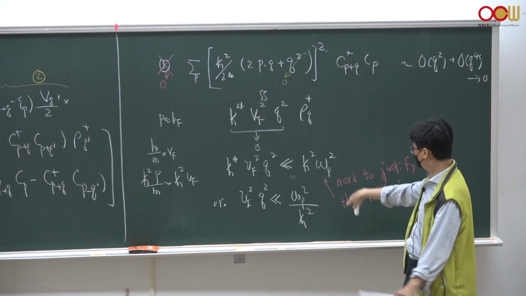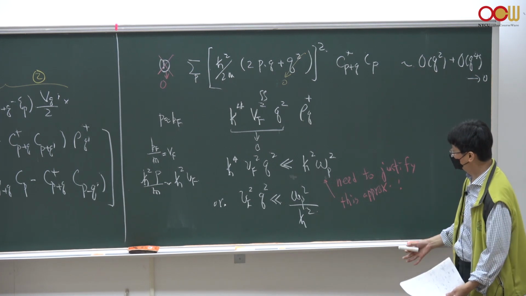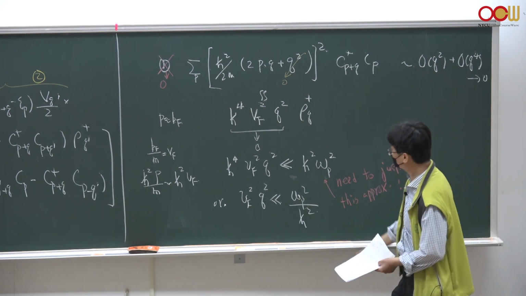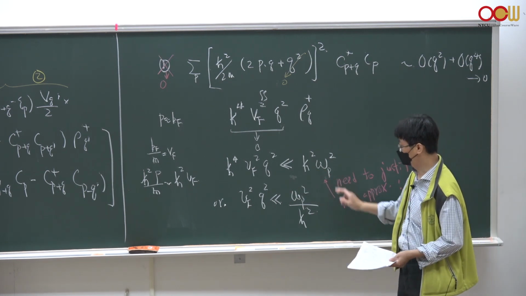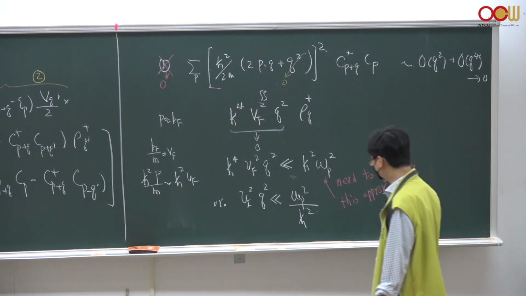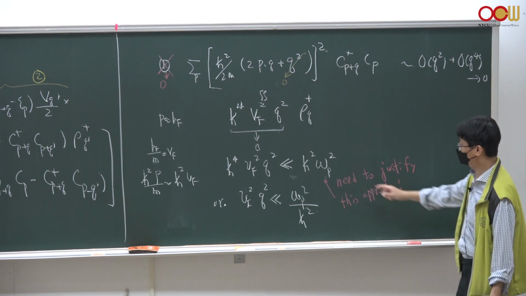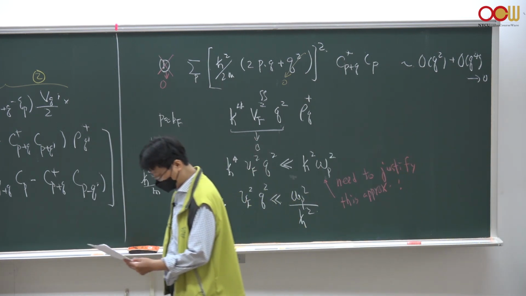So we will come back here again, but for now allow me to simply forget about this term altogether, because it can be really tiny compared to omega p squared. So that's a pretty easy approximation. It's easier said than done, but we need to justify this later, and we postpone the justification to a later time.